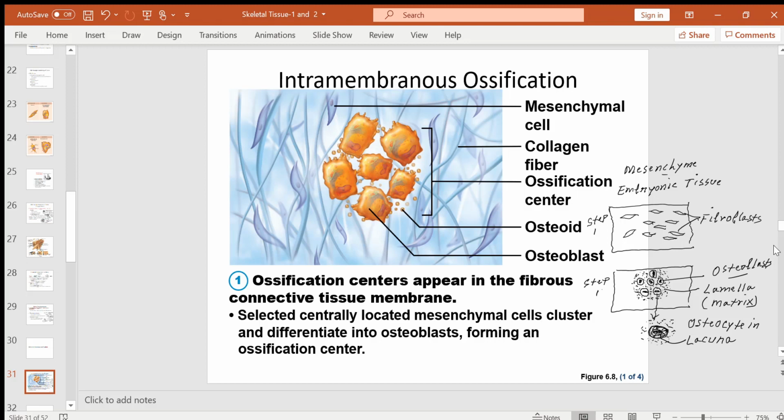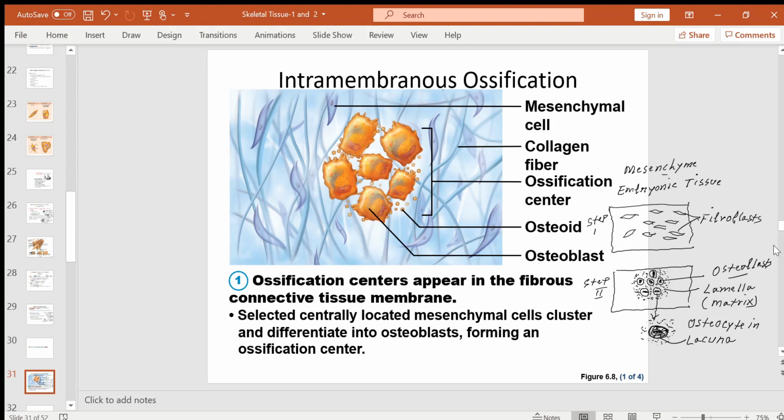In step 1, I'm quickly reviewing. First, the embryonic tissue membrane, or mesenchymal membrane, is in the body that has the embryonic cells.